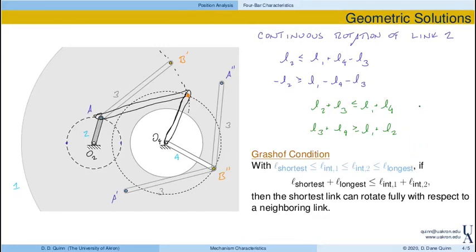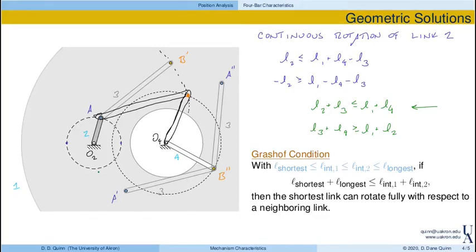Well, that's just this condition that we came up with originally. And so it turns out that this condition implies this second one, right? As long as this is met, then this mechanism can undergo complete rotations.